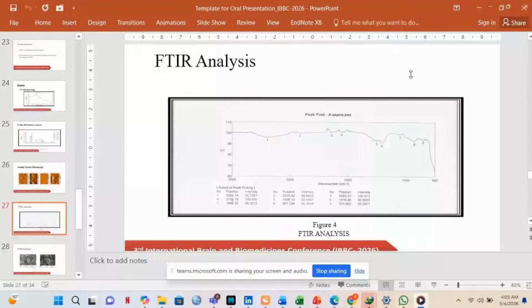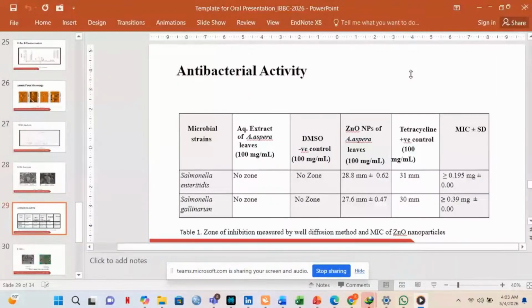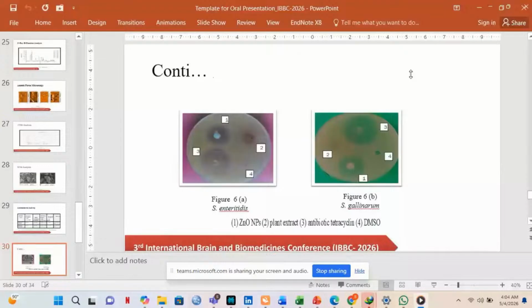The minimum inhibitory concentration was reported as 0.19 milligram against Salmonella enteritidis and greater than 0.39 milligram against Salmonella venereum. These are the images of the well diffusion method that represent the zone of inhibition. These are the MICs of the nanoparticles for Salmonella venereum and enteritidis, which were 0.39 milligram and 0.195 milligram respectively.